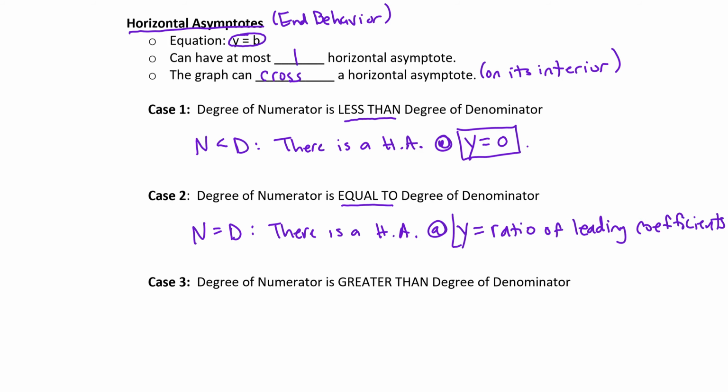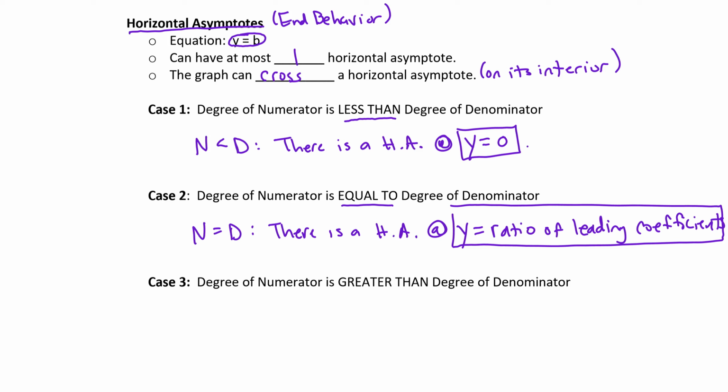Sounds like a more complicated rule, but when we do an example, that will be very easy to understand. So if the degree of the top is equal to the degree of the bottom, then I'm going to find the numerator's leading coefficient and the denominator's leading coefficient and form their ratio. Whatever constant I obtain there, the equation of the horizontal asymptote would be y equals that constant.